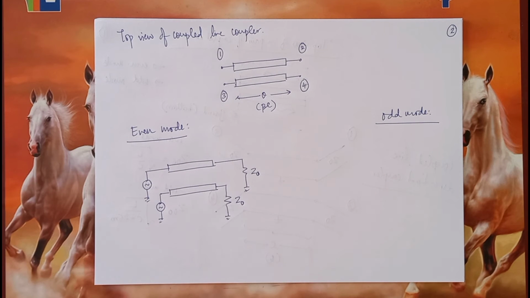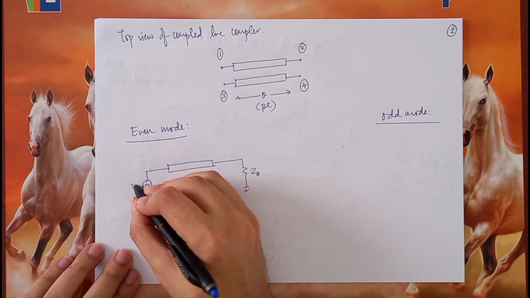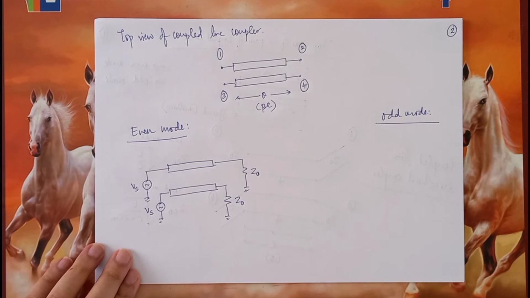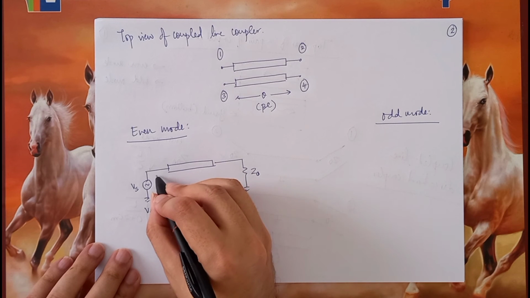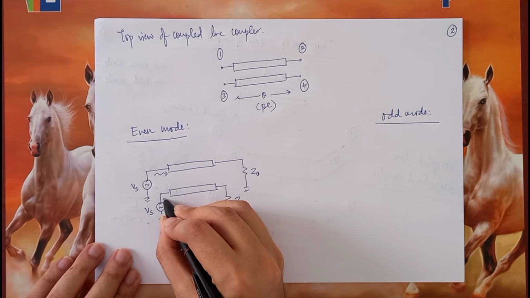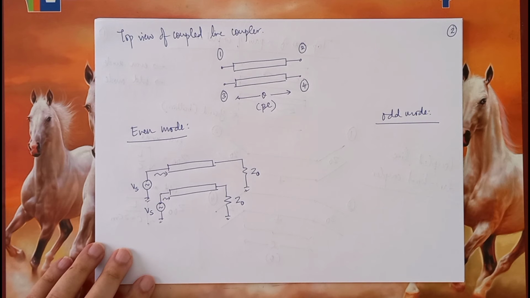That is what we assume. Let us say each of these voltage sources is Vs. This Vs essentially enters each of the conductors.